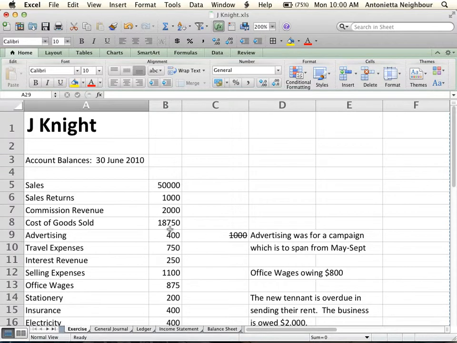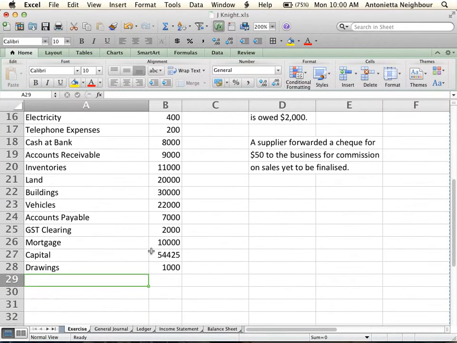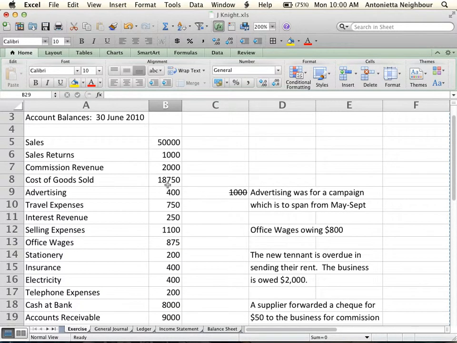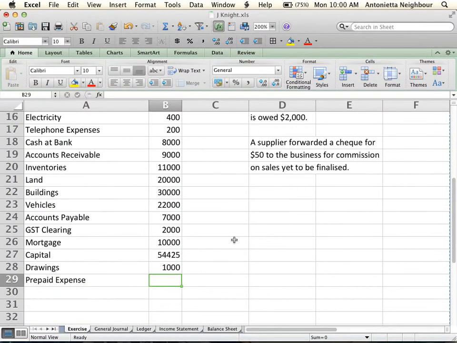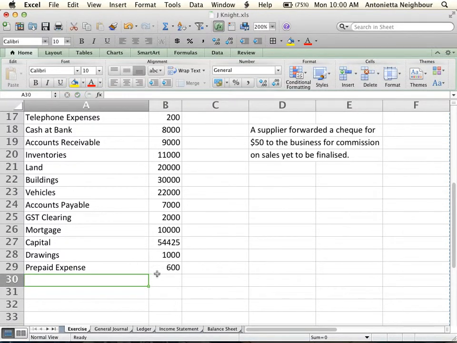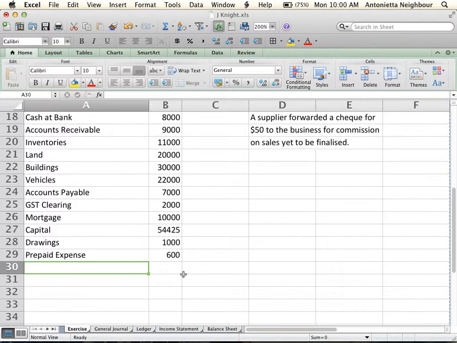Advertising, I've paid ahead of time, 3 months worth. It's a prepaid expense. So we need to add prepaid expense to the bottom of our list. And how much has been prepaid? We paid 1,000, we've only used 400. What was the amount that was prepaid? 600. Absolutely, Nicholas, 600. So we add the account to the bottom of our list, $600.